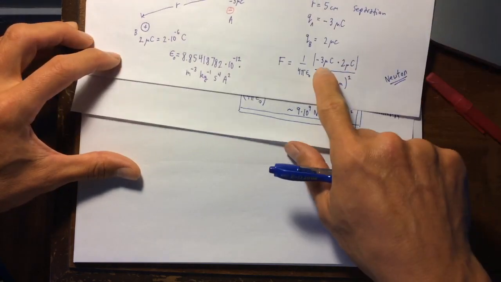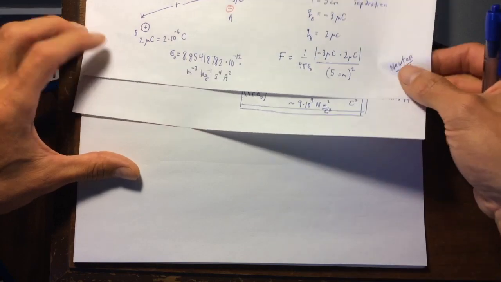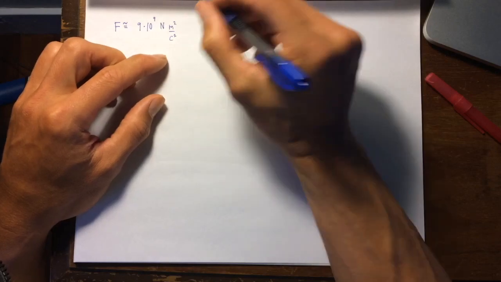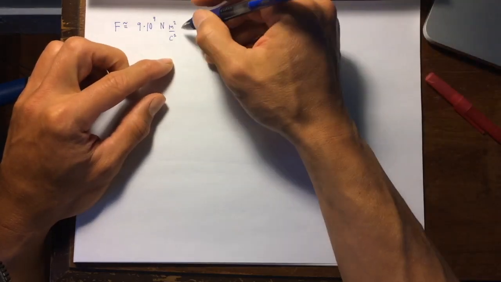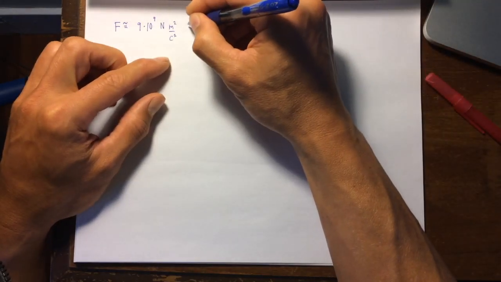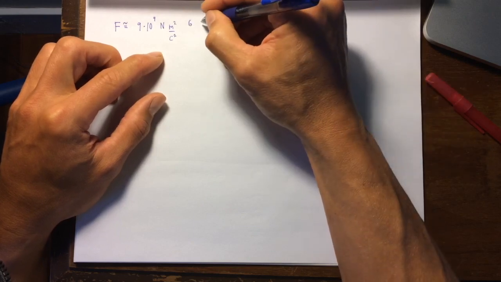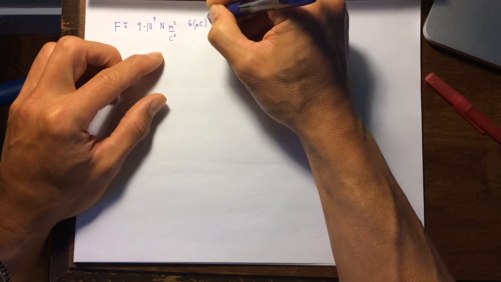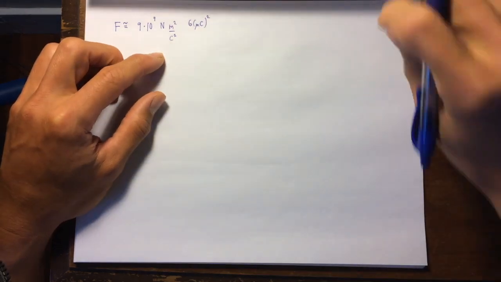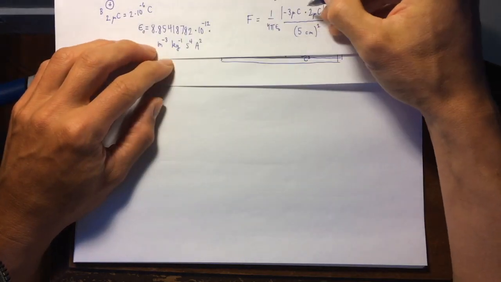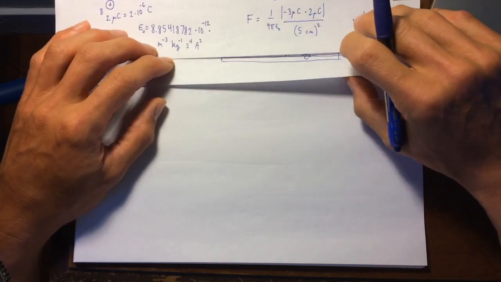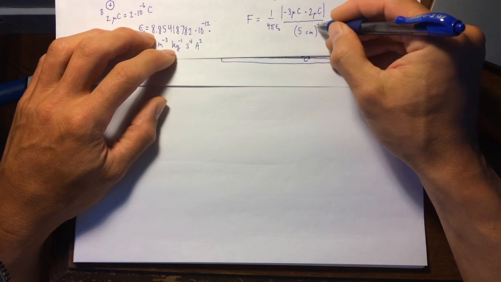So I'm going to continue to fill out this expression to calculate a force, and I'll cut to the chase. It's 3 times 2 is 6, but it's microcoulombs squared. Be really careful, because remember, I've got 2 factors of the microcoulomb here, and then I'm going to divide by 5 centimeters quantity, right?